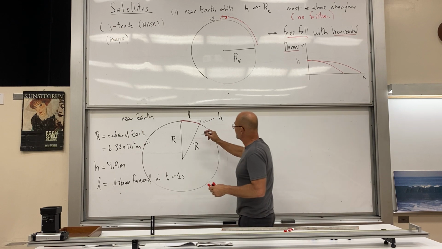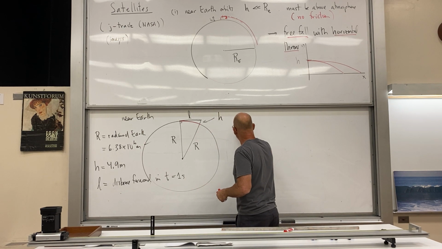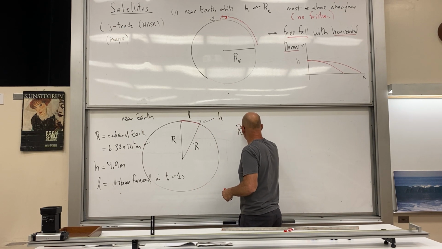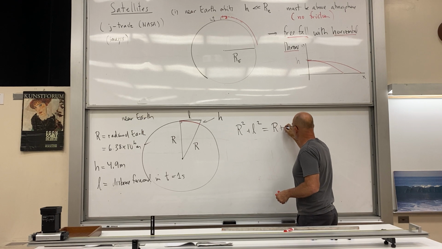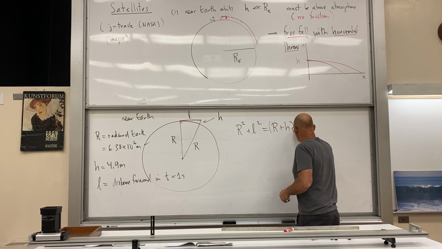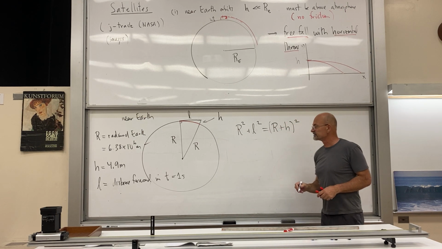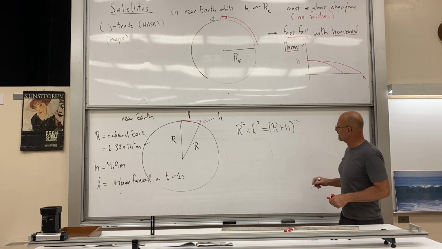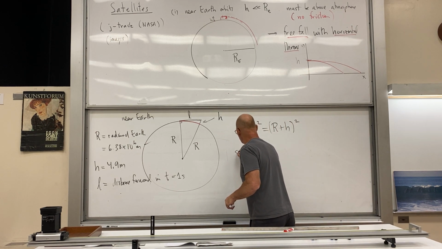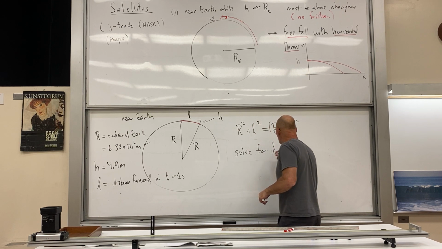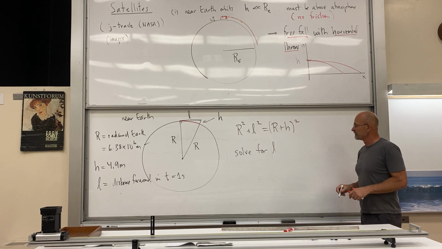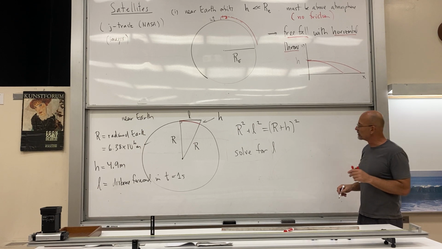So what we have is apparently a Pythagorean theorem. We have r squared plus l squared equals (r plus h) quantity squared. Solve for L. You can use a calculator if you want.